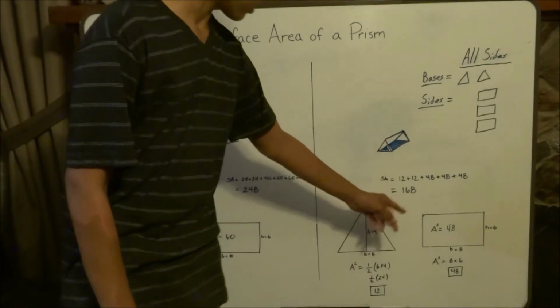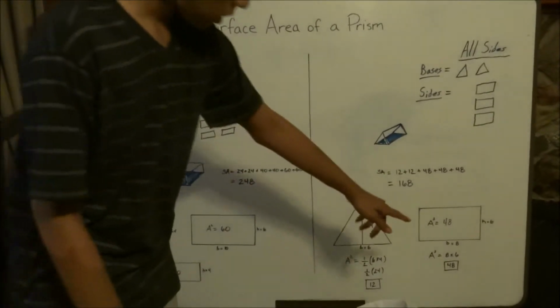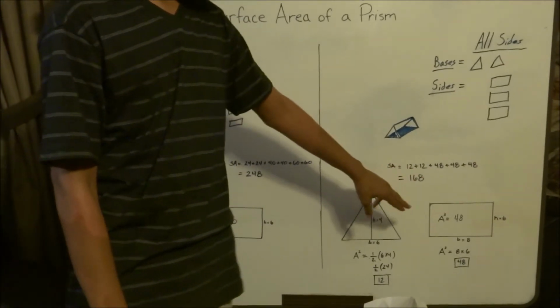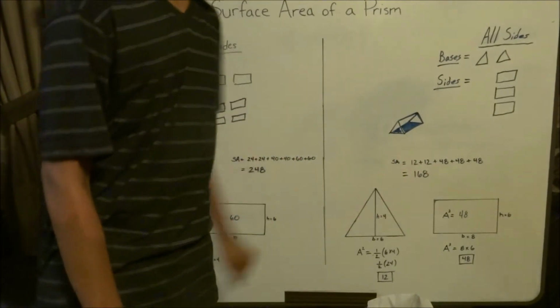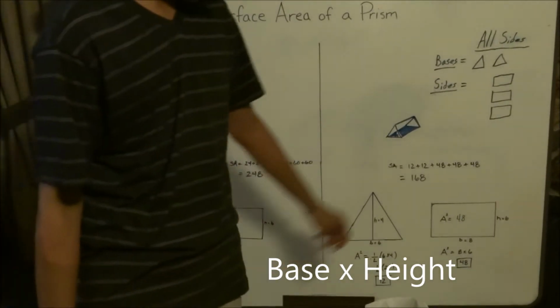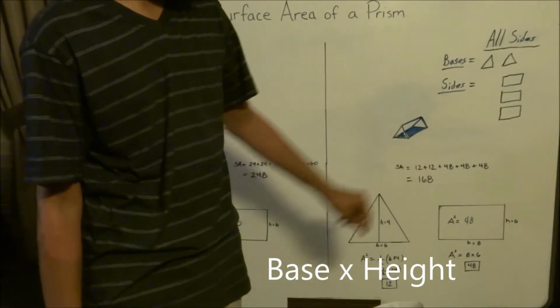Let's move on to the rectangles surrounding the triangles. The formula to find the area of a rectangle is easy. It's just the base times the height. So the base is 8, and you multiply that times the height, which is 6.